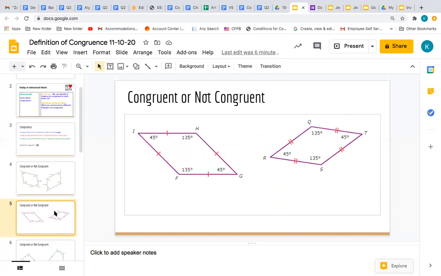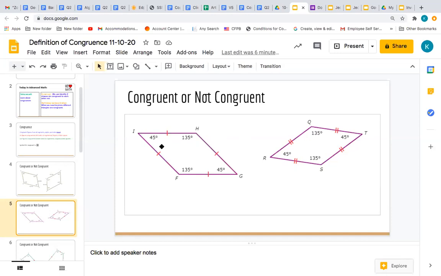So you have another pair of quadrilaterals, and you can see all the angles are congruent. This angle is congruent to this angle, congruent to that, 135, 135, 135, 135.